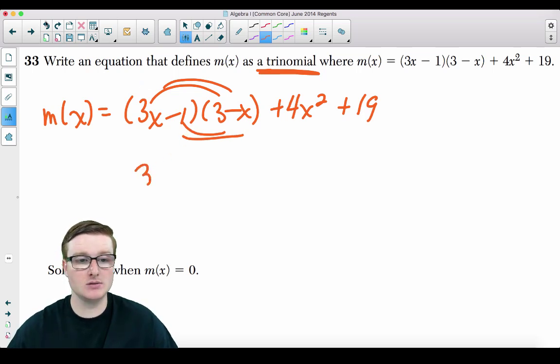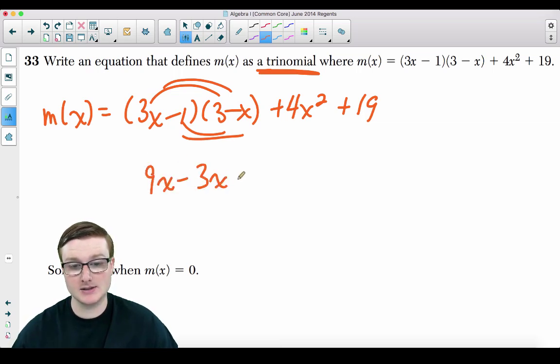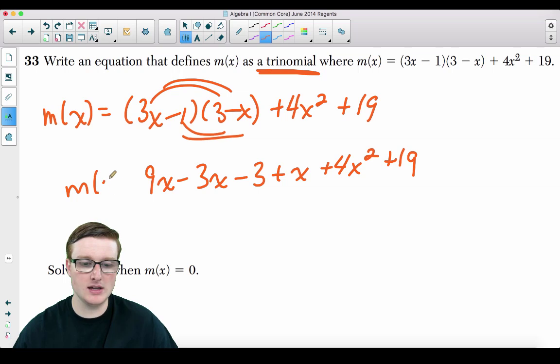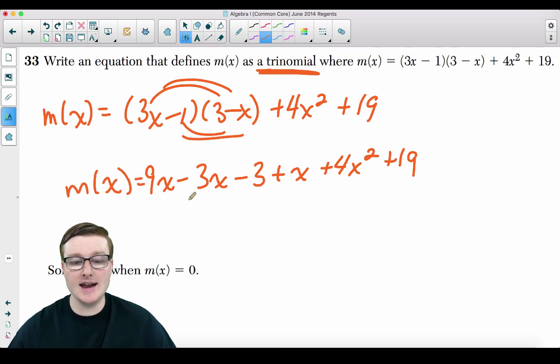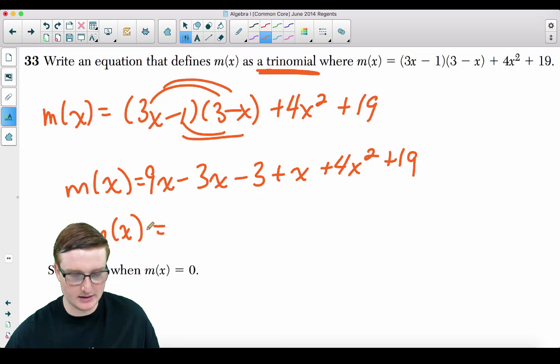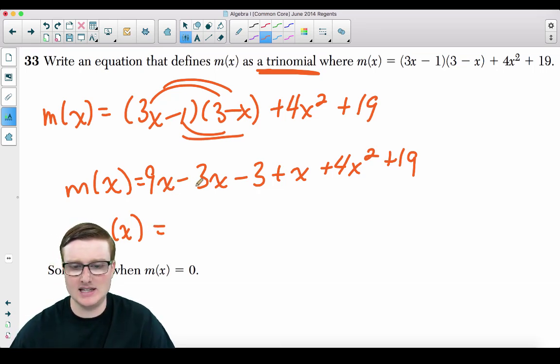So you get 3x times 3 is 9x, minus 3x times x, minus 3x squared, plus x, plus 4x squared plus the 19, and that is all equal to m of x. Now I'm going to combine like terms.